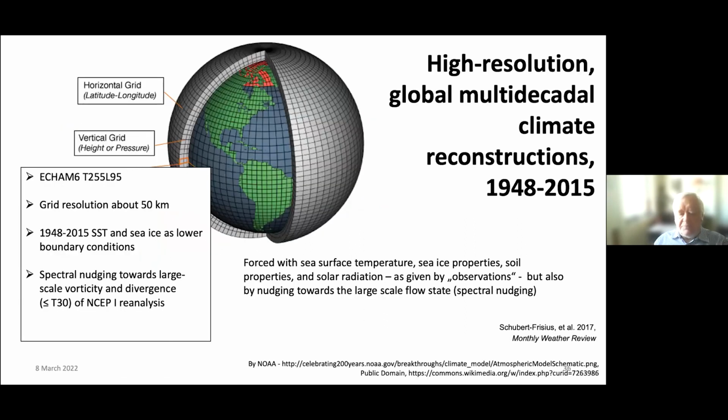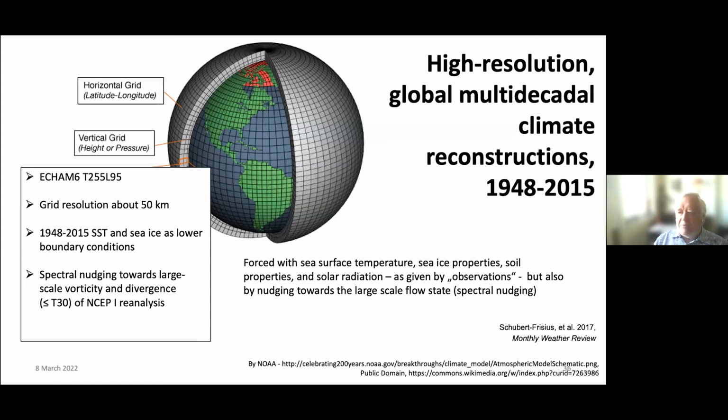So to come to the last part, this is also a bit newer now. It was done essentially by Schubert-Fresius, namely that we thought we can do this dynamical downscaling not only in regional models, but we can do it in global models. The idea was by, I forgot his name, a Japanese colleague working with Scripps.